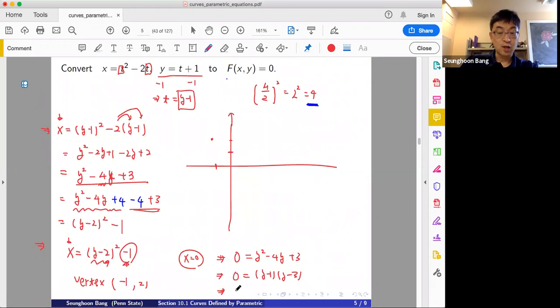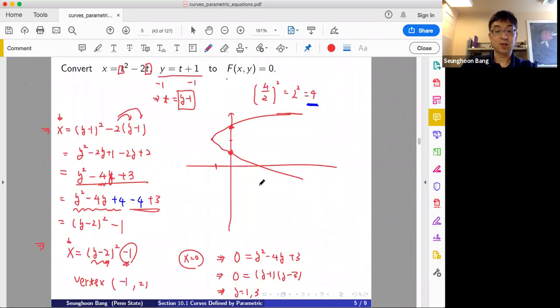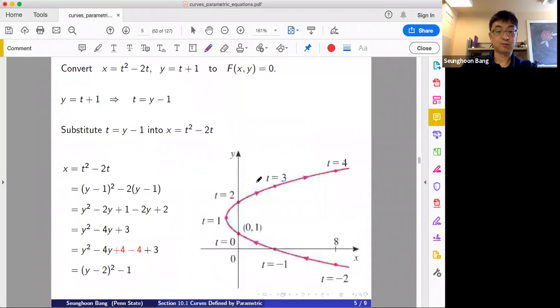So y is 1 and 3. So the graph is a parabola. I think it goes like this, right? You got it? You can compare with the previous one. Exactly the same. Anyway, this is the idea for solving parametric equations problems.